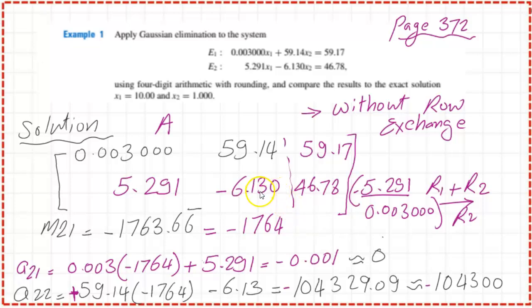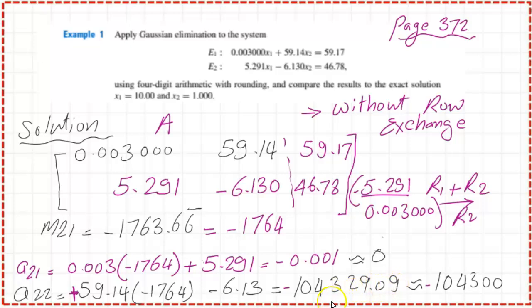While for this element, the new value of A22 is 59.14, which is a positive value, multiplied by minus 1764, added to the second row, which is minus 6.13, we are going to get this value, minus 104329.09.